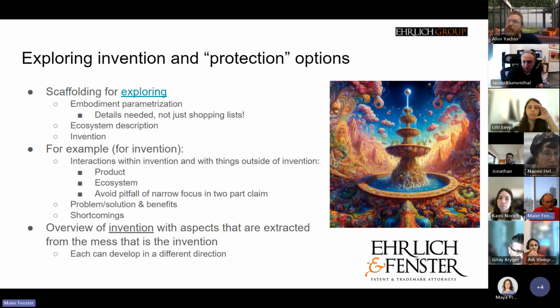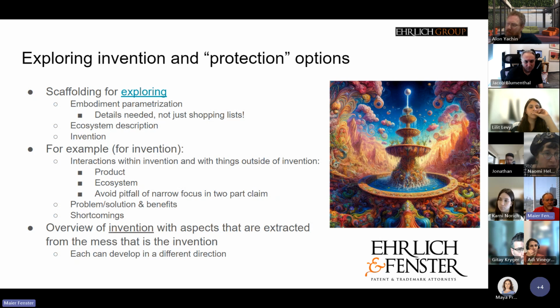Exploring is something I talked about in the past, but a lot of the work of exploring is done by the patent attorney as he writes the application. And for that, you need scaffolding, different things that you write that help you do the exploration. And here's a few things.